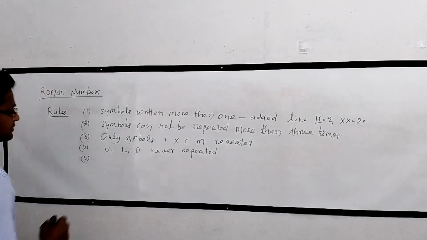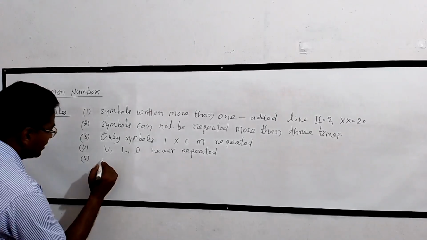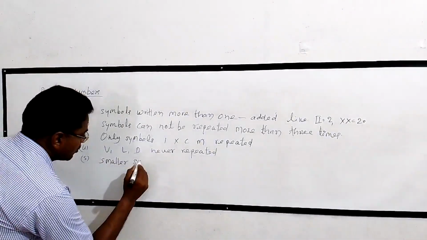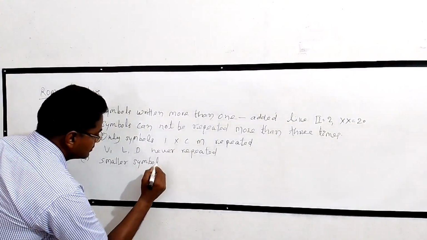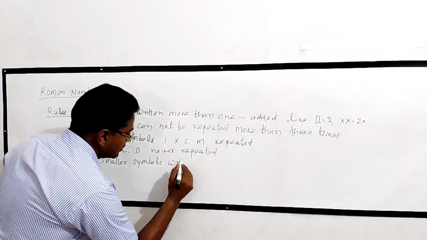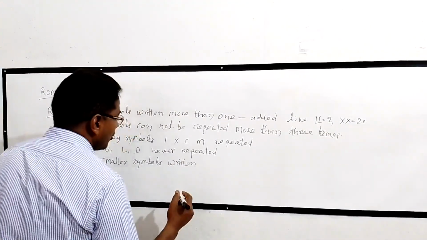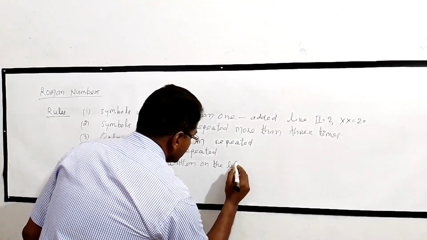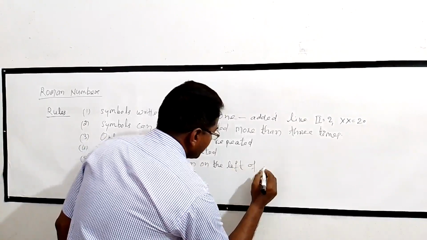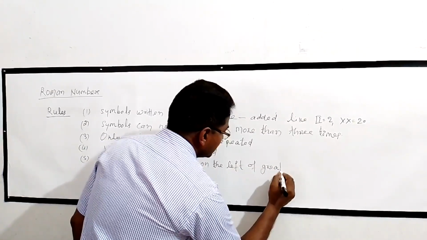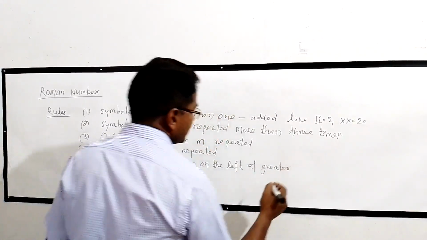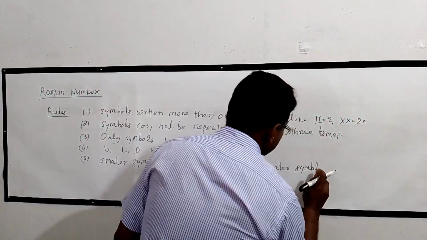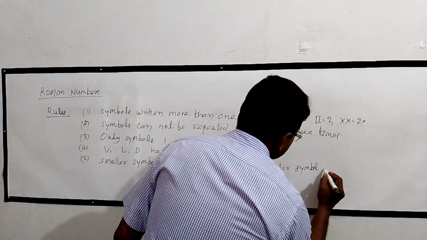Rule number 5. A smaller symbol written on the left of a greater symbol is subtracted.